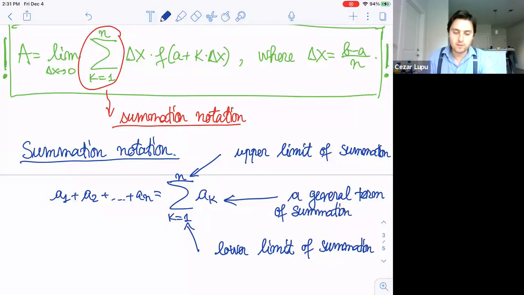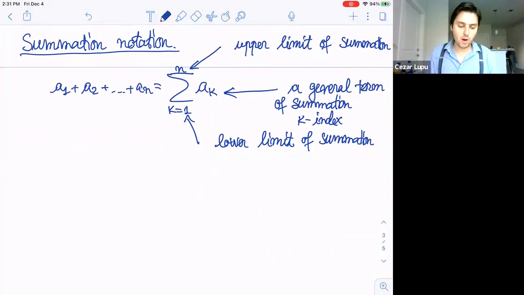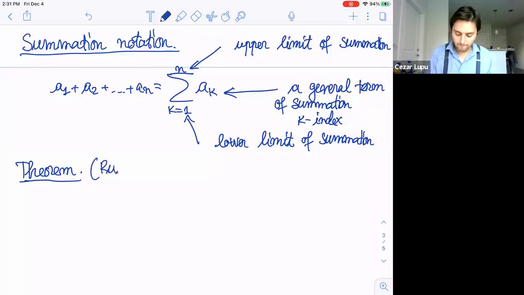As you can see, the index is the k index. Let me be even more specific. So that's the summation notation. And now let me tell you some rules. We have the following theorem, which is important, and this theorem will address exactly the rules for summation.